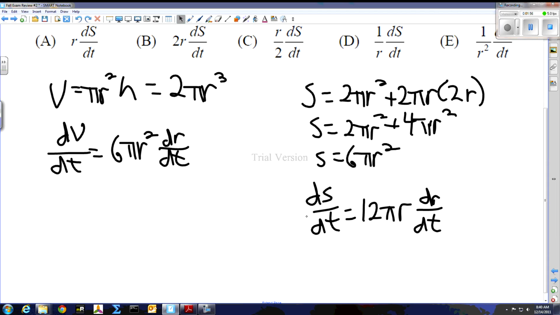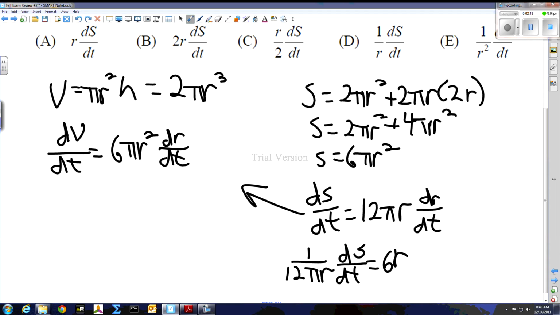We need to somehow get ds over dt into this solution. So if we solve this for dr dt, we get 1 over 12 pi r, just dividing by 12 pi r, ds over dt equals dr dt.